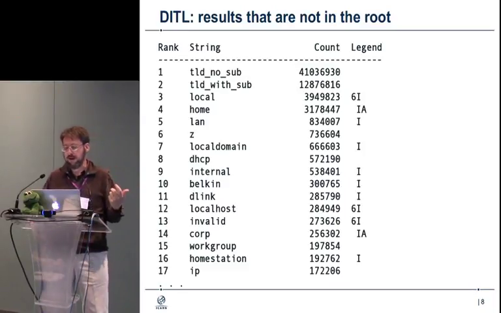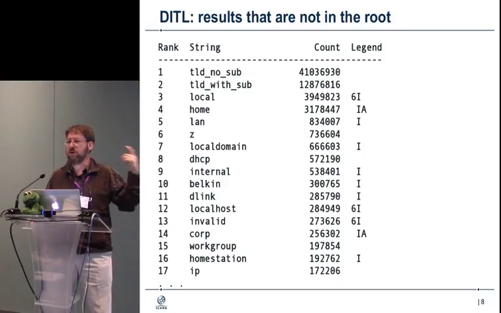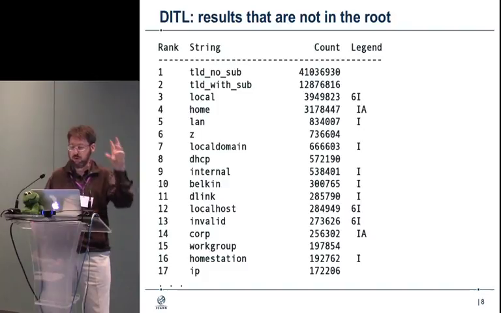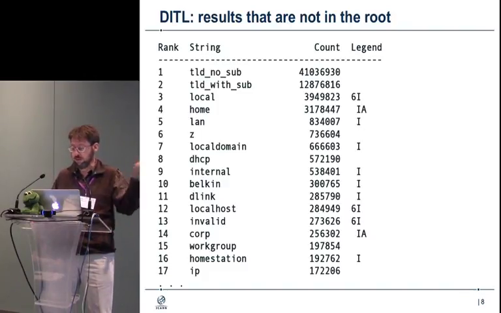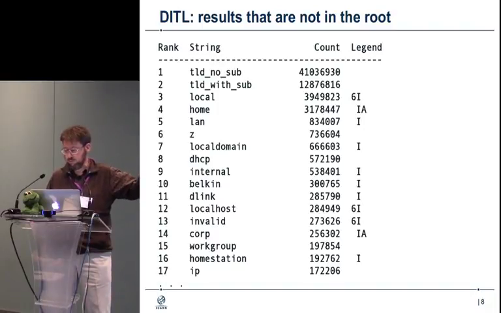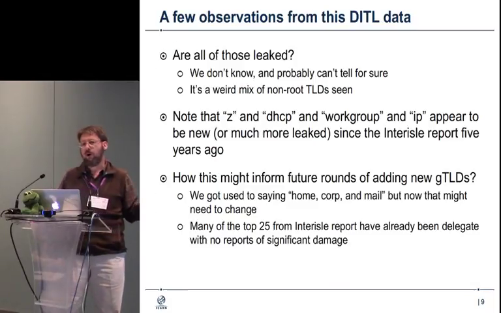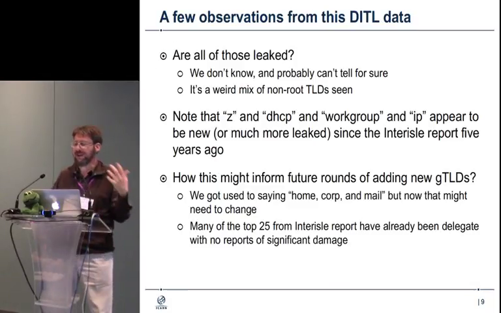And in fact, look at DHCP. DHCP was not even in the inter-aisle report 5 years ago, and yet it's now in some ways more important than corp and things like that. These are the results of the top 17. I went down to, I think, 100 or 1,000, I forget. So are these actually leaked? We can't really know.